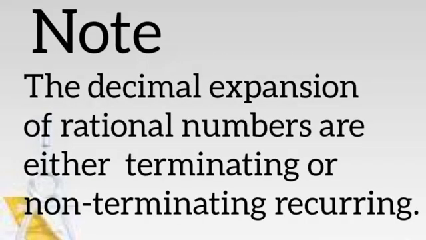From these examples we can understand that the decimal expansion of a rational number is either terminating or non-terminating recurring. Either it will terminate or it will not terminate, but it will repeat. One block or one number will repeat. These are the two cases in the case of rational numbers' decimal expansions.